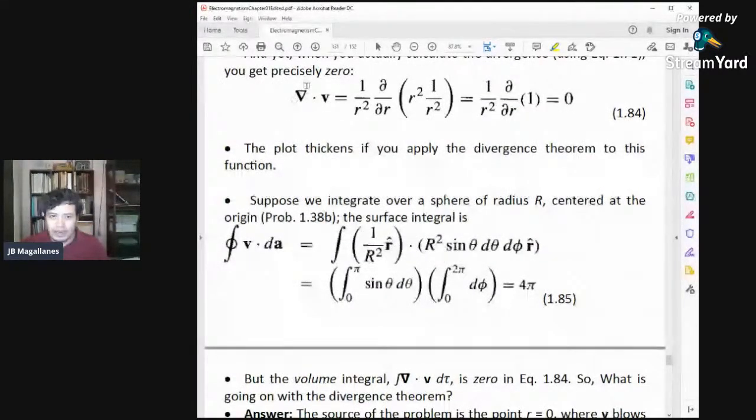The integral of this with respect to dr is equal to the integral of v dot dA by Gauss's law, by the Gauss integration law, and we got 4 pi.